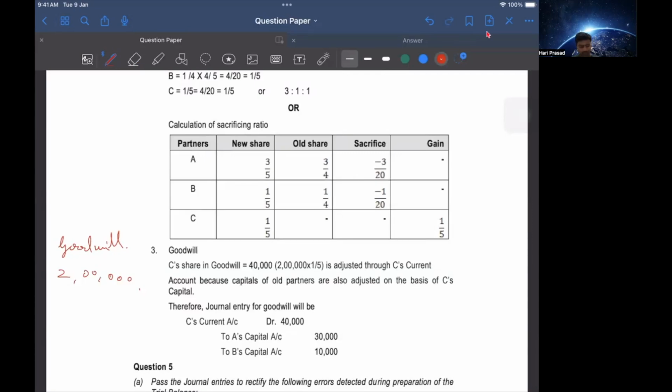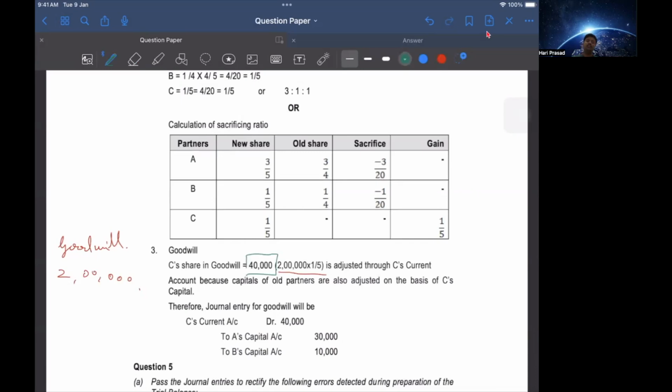What is 1 by 5th? 2 lakh multiplied by 1 divided by 5, which is 40,000. C is gaining 40,000 rupees in goodwill from the firm.